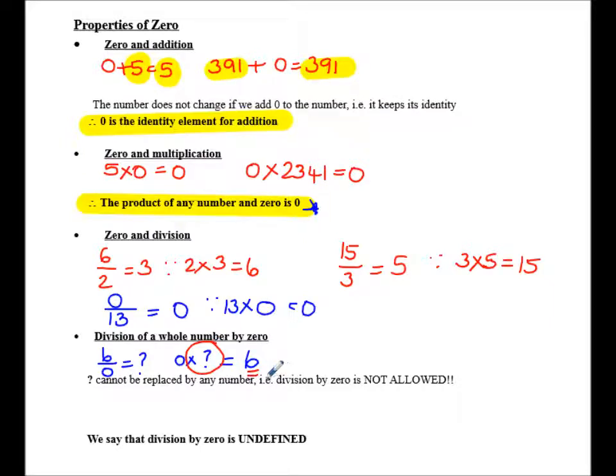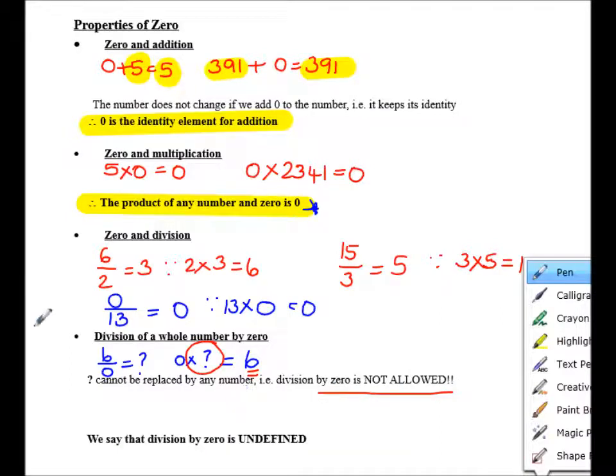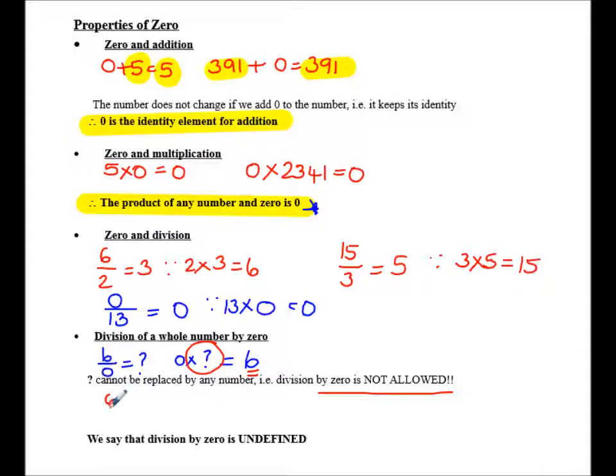So this doesn't quite make sense. Division by 0 is not allowed. And if we are dividing something by 0, so 6 divided by 0, if we write it mathematically, it is undefined.